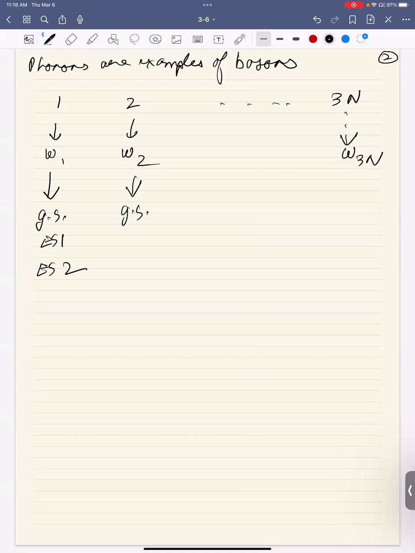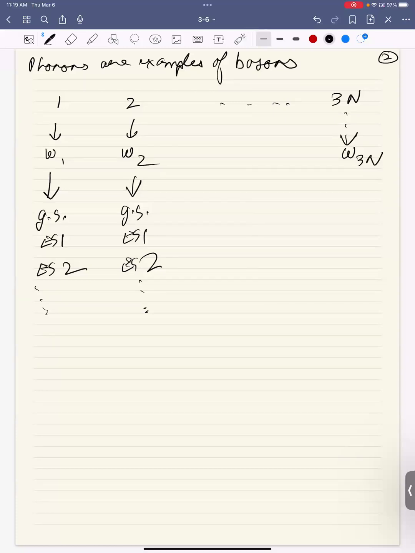Independently of oscillator 1, oscillator 2 can do the same thing. It can also exist in ground state, excited state 1, excited state 2. And the formula looks the same, but the separation between the energy eigenvalues is completely different, right? That's how the quantization works.